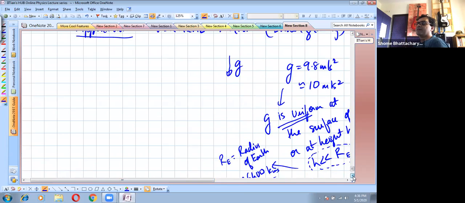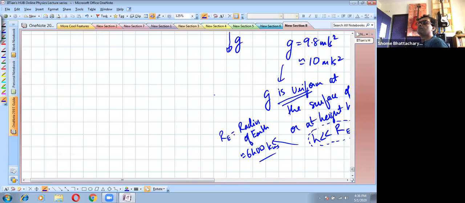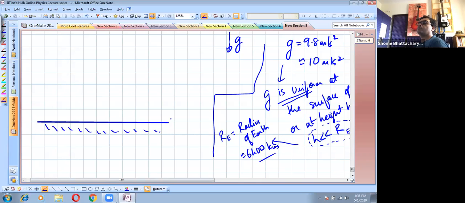So having done that, once we understand that g is uniform, we can look at the straight line motion or the vertical motion as an application of what we are discussing. So for example, from the ground level, if we project a body vertically upwards at a speed u, so this is vertical projection.